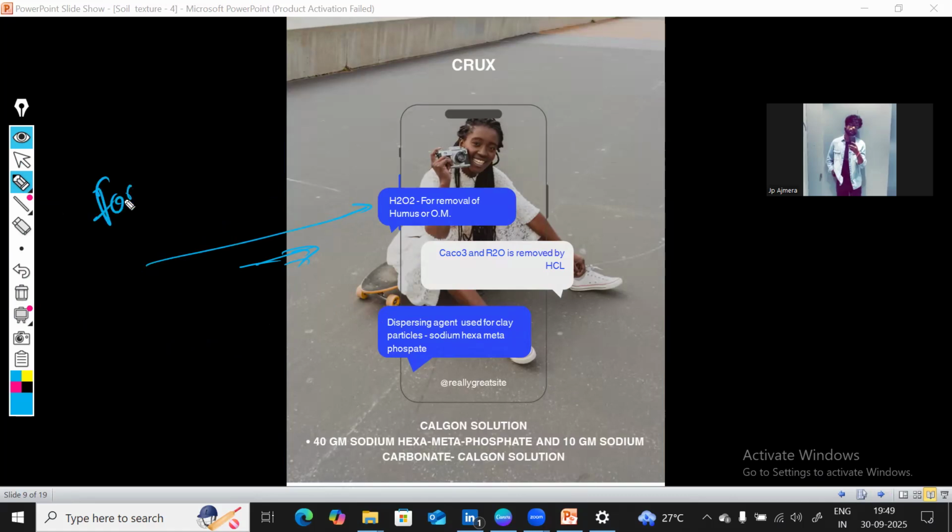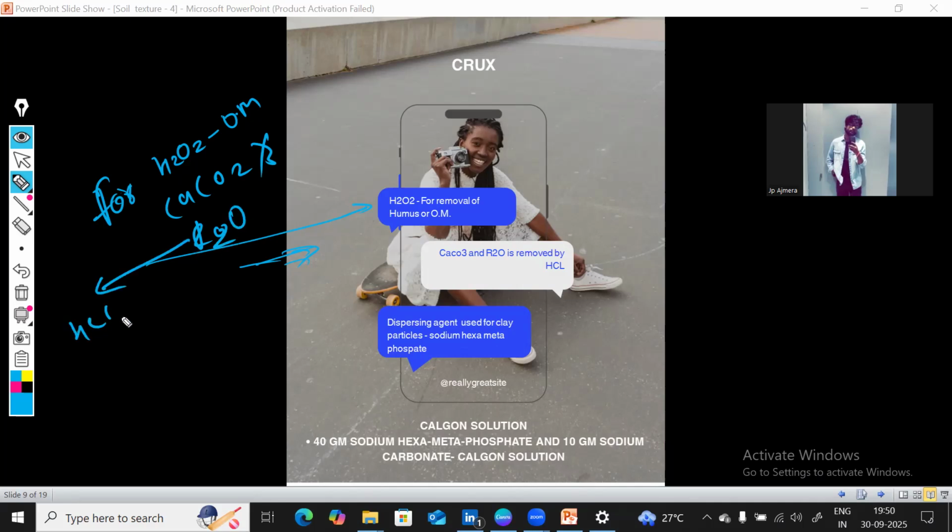For removal, the one thing I want to tell you here is that these things will come in the examination. What is important from the mechanical analysis, these things we are discussing right now, I already told you. H2O2 is used for removal of organic matter. The calcium carbonate and R2O3 are removed by HCl.